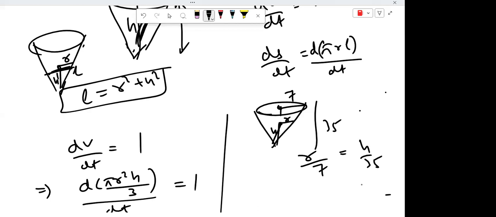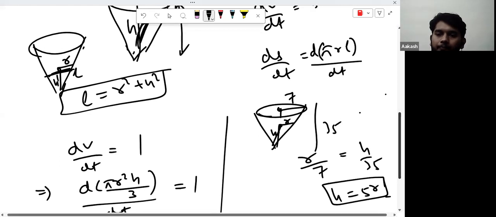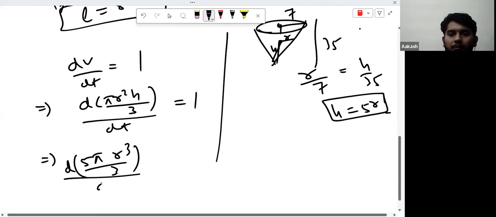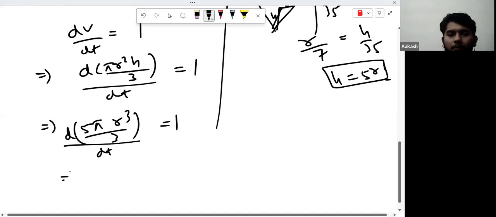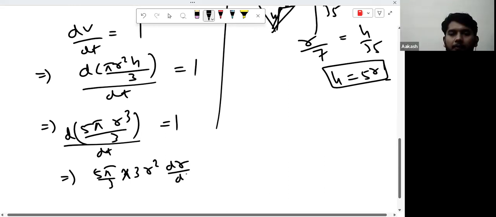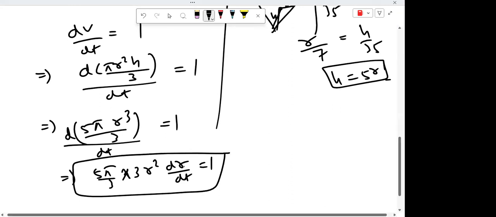Yes, sir. So h equals 5r. So here we can put 5r, so 5 pi r cube by 3, differentiation is 1. So we have 5 pi by 3 times 3r square dr by dt equals 1. This is one equation.